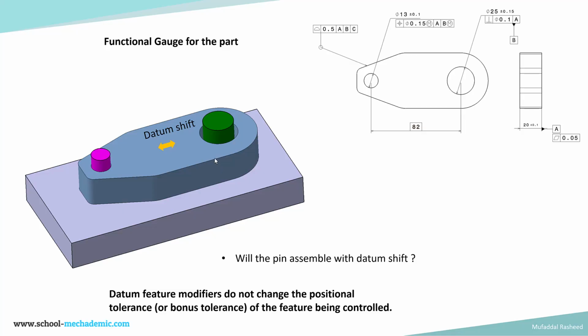A very important point over here is that datum feature modifiers do not change the positional tolerance between the two features. So the position of this hole with respect to this, that allowable limit does not change when there is datum shift involved. That remains the same. The only thing is the reference itself is moving. That is what datum shift is.